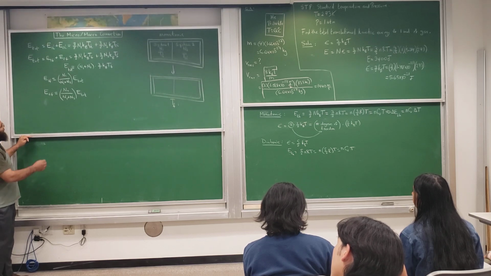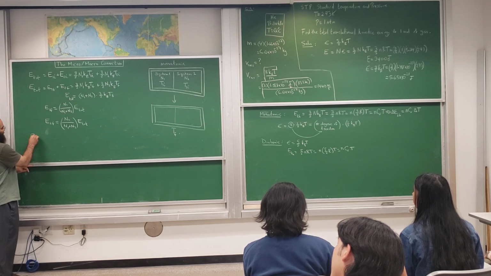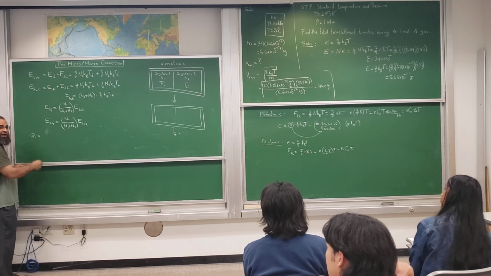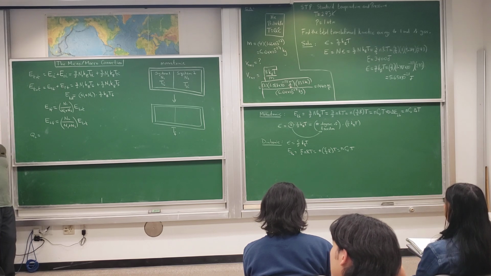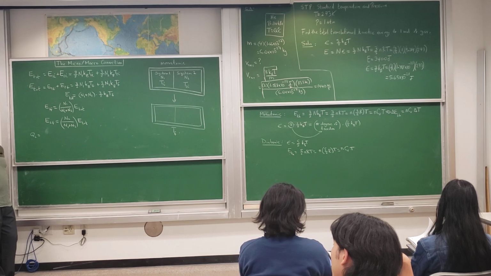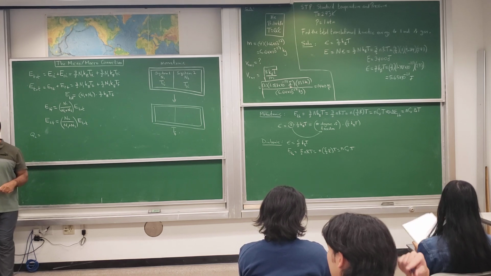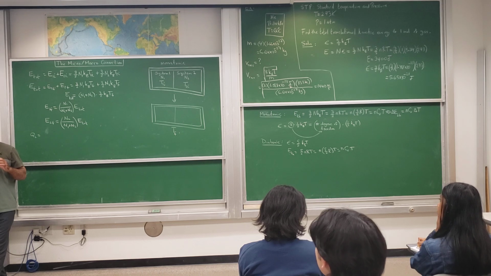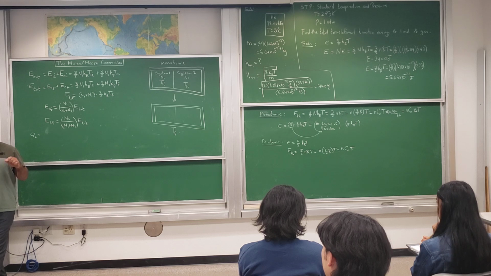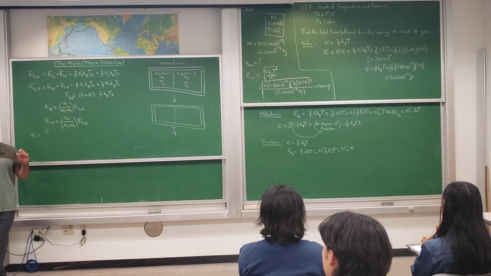So let's do that. We have Q2, which is the heat lost or gained by system 2. How does it relate to its change in energy? How do I find how much heat it lost or gained? N Cv delta T. How about in relation to the thermal energy?